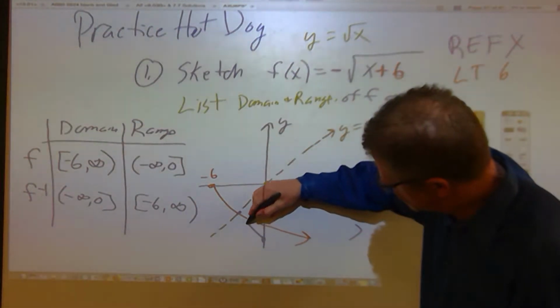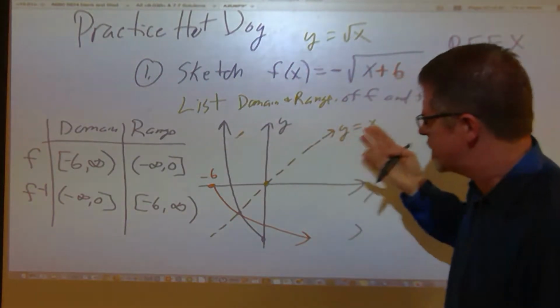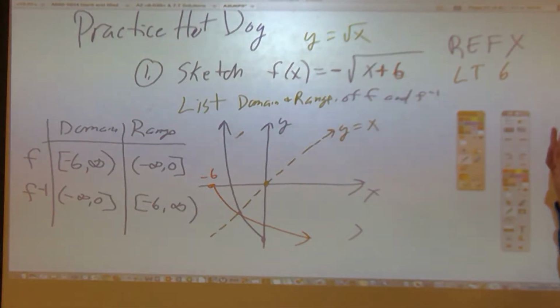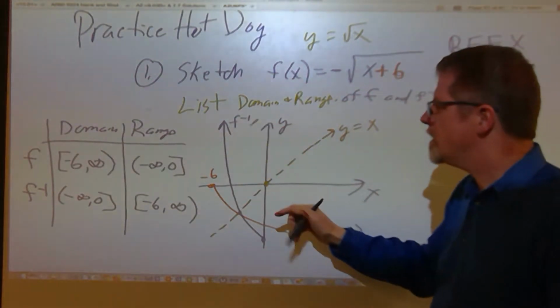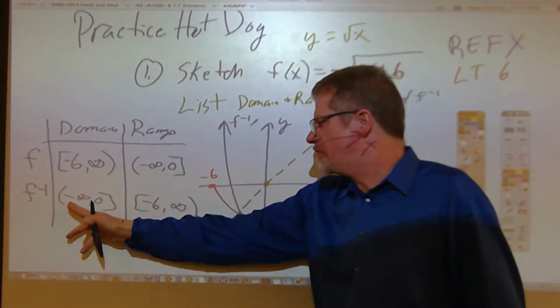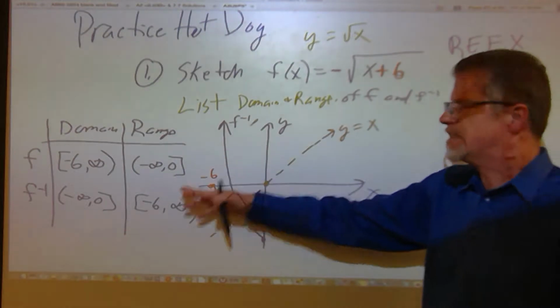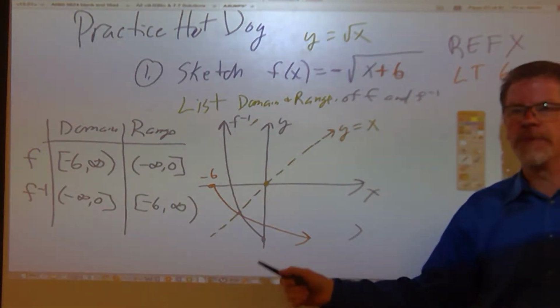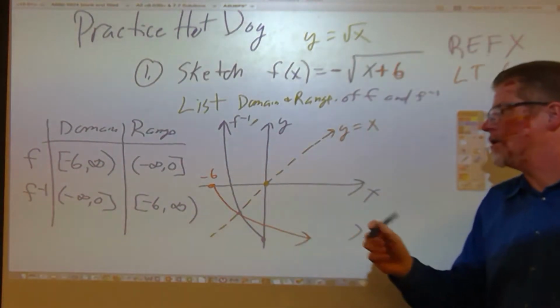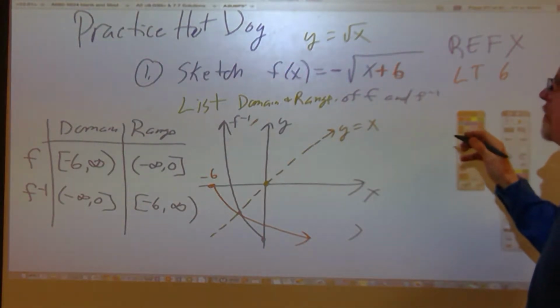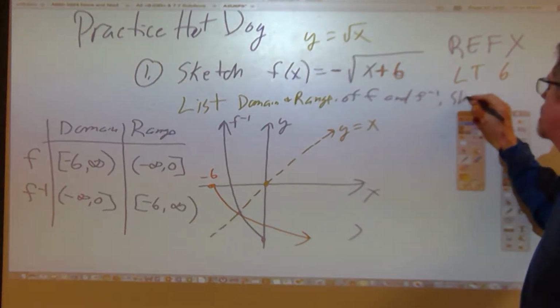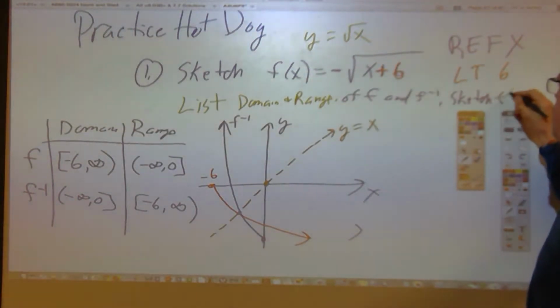That looks symmetric when you take red and blue together. Is this blue graph really a graph whose domain is negative infinity to 0 and whose range is negative 6 to infinity? It looks like it.